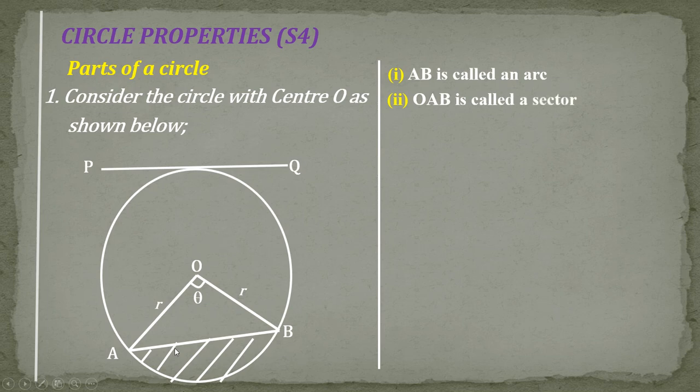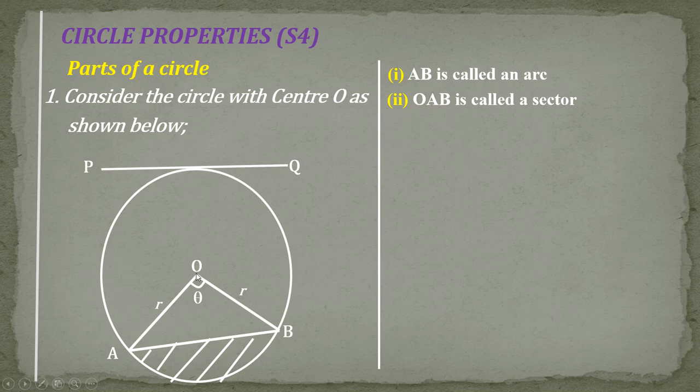So AB, this curved path from A to B, not the straight line but the curved path, which is part of the circumference of the circle from this point A along this curved path up to the point B, is what we call an arc, as you can see in our figure.